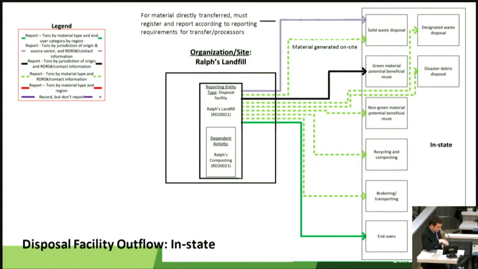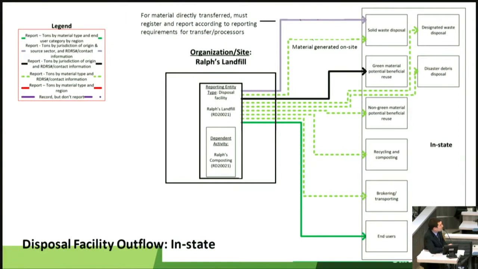The one is this very top arrow. This is an instance where material was not disposed by the landfill. It was directly transferred to another solid waste facility. In that instance, the disposal facility is not acting like a disposal facility.